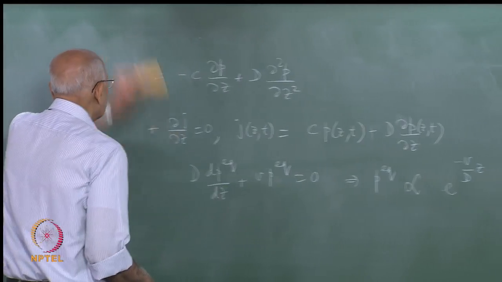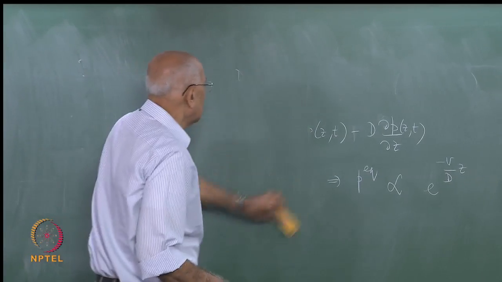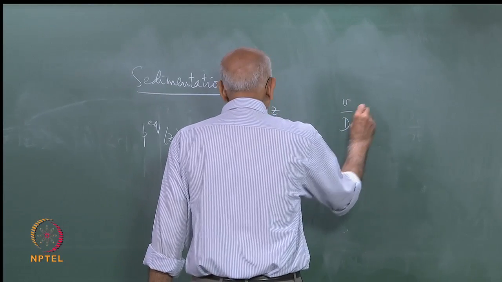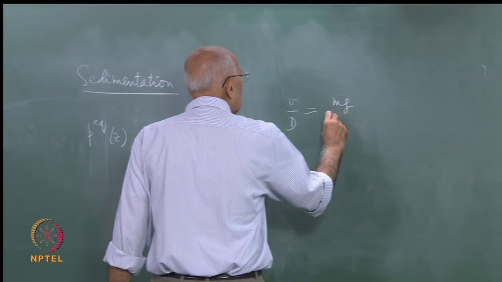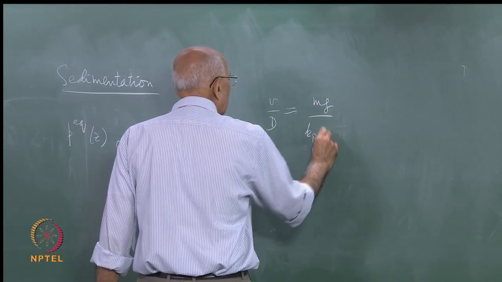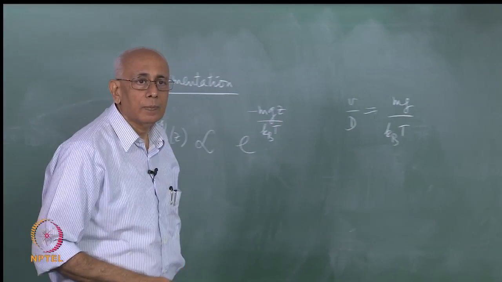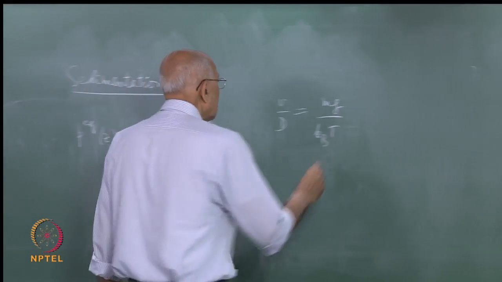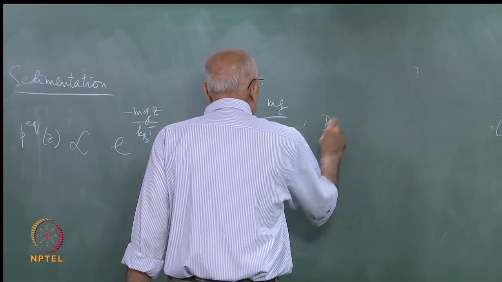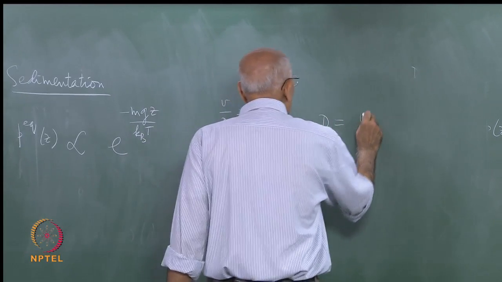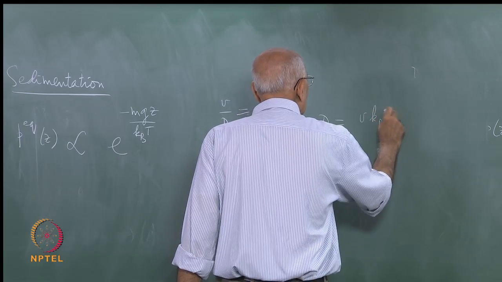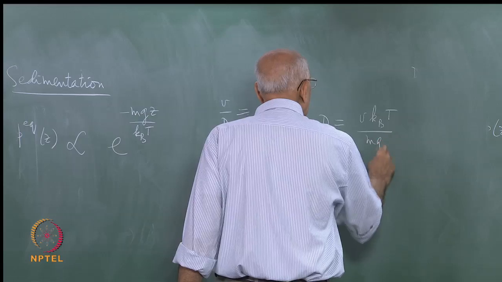So it says that v over D must be equal to m g over k Boltzmann T, or D equal to v times k Boltzmann T over m g.